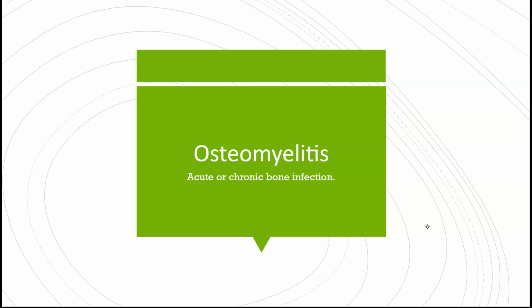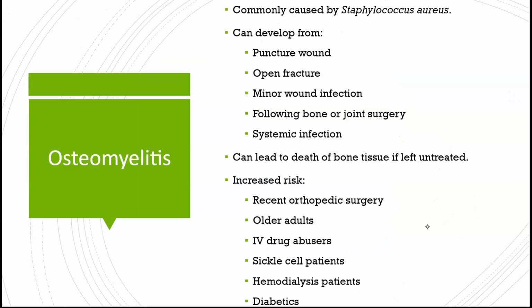Osteomyelitis. Okay, osteomyelitis is an acute or chronic bone infection, usually caused by a staph infection. A variety of things can cause osteomyelitis. Primarily, it's due to an open wound over a bone. This is very common in diabetics who stub their toe and open up a wound on their foot but don't feel it, and that can go right to the bone, okay?